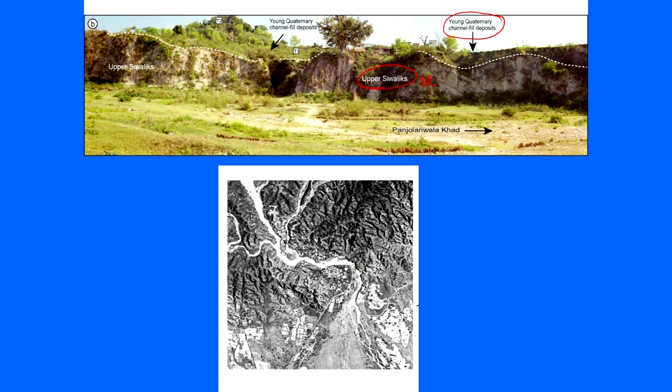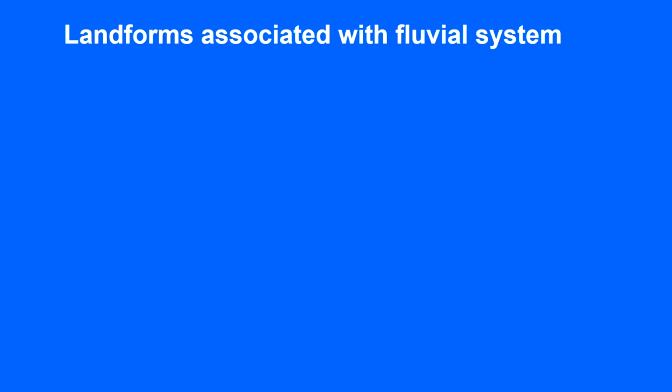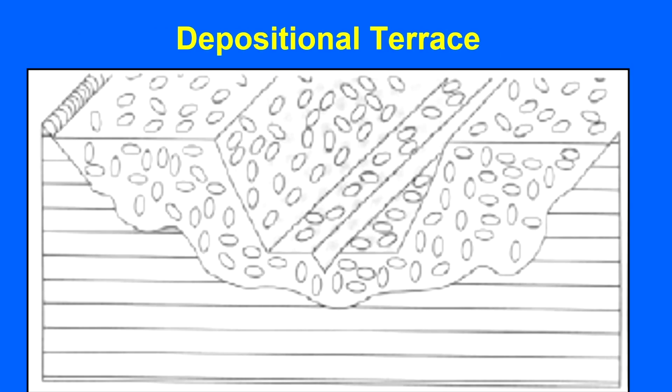How it looks in the photo, if you are viewing the 3-dimensional view of this area, we will be talking about when we are doing the labs. Okay. So, depositional terrace is done, which we have discussed briefly ahead also, that mostly this will not incise the bedrock. Okay. So, no incision in the bedrock.